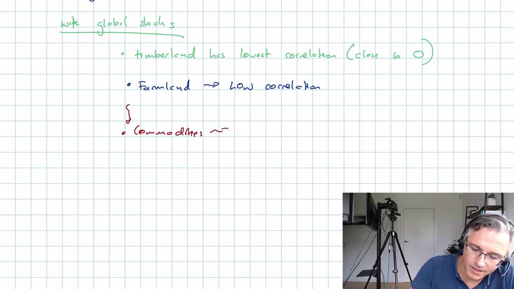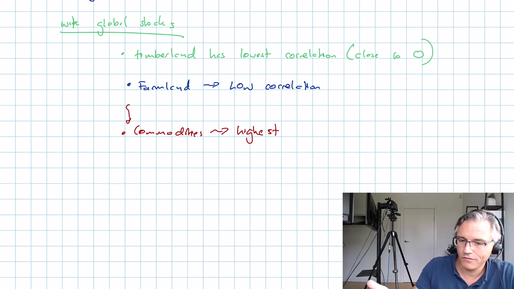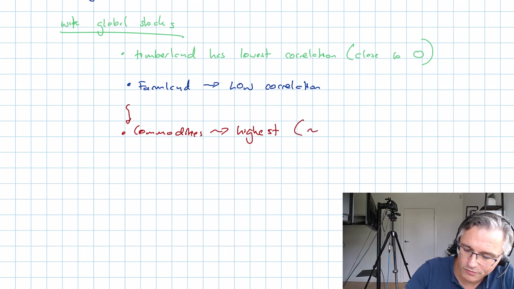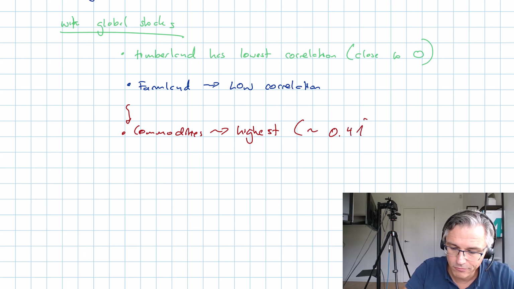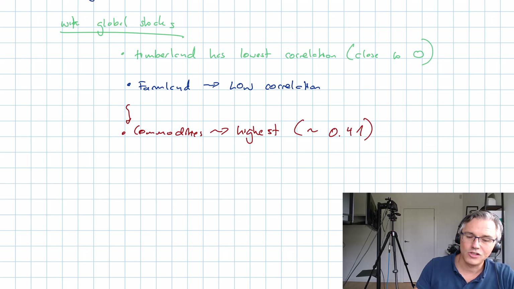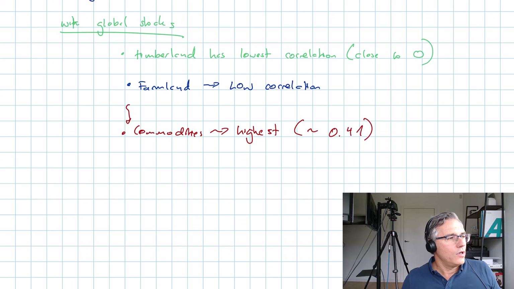Commodities have the highest. It still provides some diversification because your book says the correlation coefficient is about 0.41 over the long term. At least that's what certain studies have shown. But you can guess why.